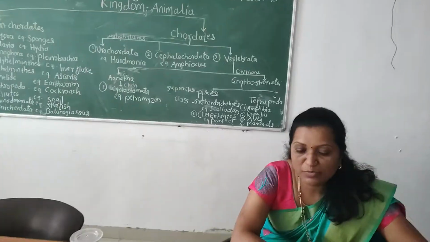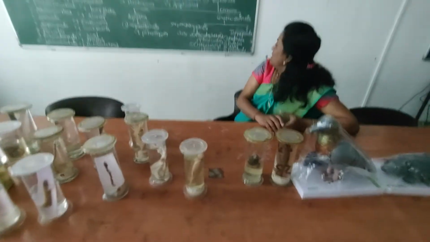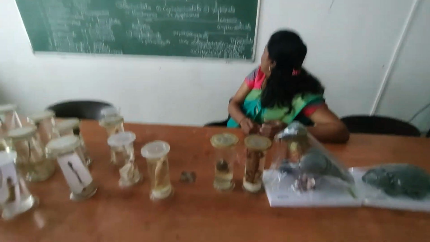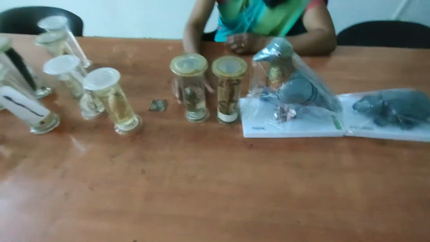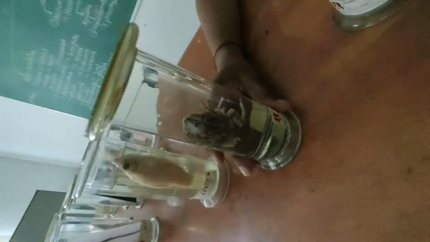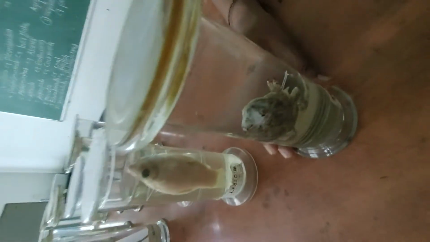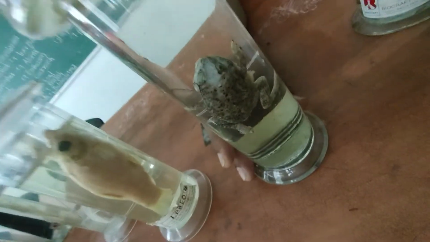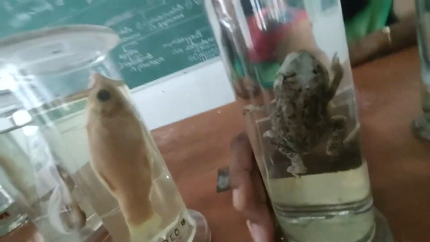So let us move towards the first class of superclass tetrapoda, and that is the amphibia. The specimen example of amphibia is the frog, as you know. Amphi means both, that means they live in water as well as on land. That's why they have spent their life in these 2 places.